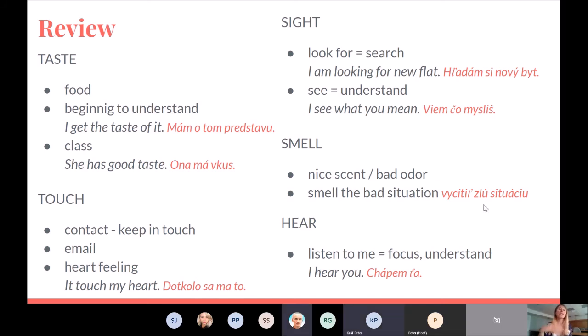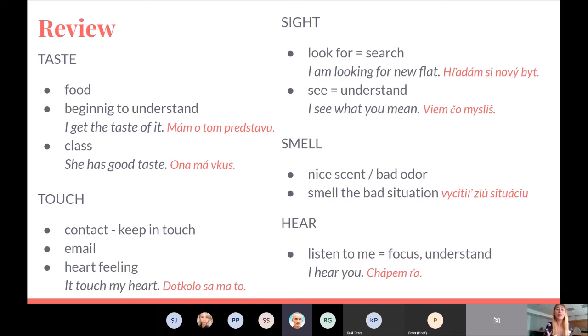So let's start with the sense taste. So we use it to express and describe taste as food. So it tastes very good, or the wedding cake tastes terrible. But as well, we can use the word or verb taste when we talk about beginning to understand.